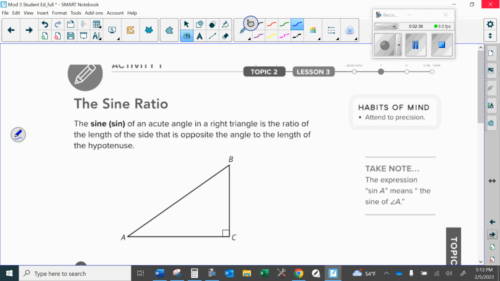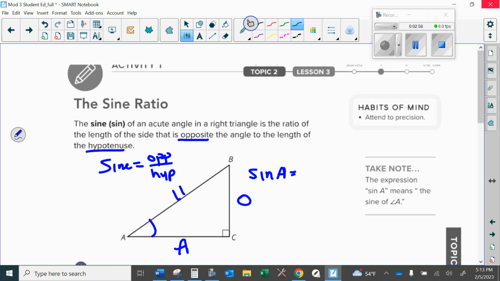Let's see. So sine, as it's telling you, is opposite to the length of the hypotenuse. Sine equals opposite over hypotenuse. So if we talk about angle A, if we do sine of A, obviously that's my opposite.